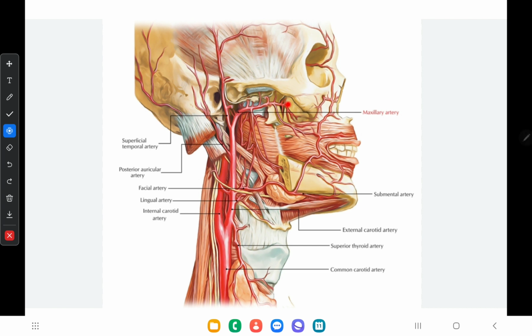So, where does the maxillary artery begin? Behind the neck of the mandible in the substance of the parotid gland. How many parts are there? Three: first part, second part and third part.